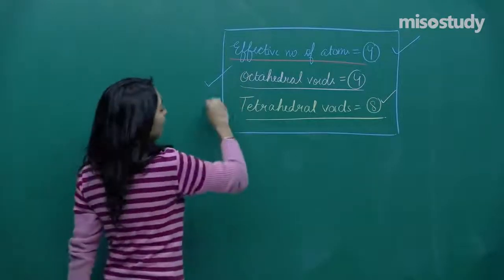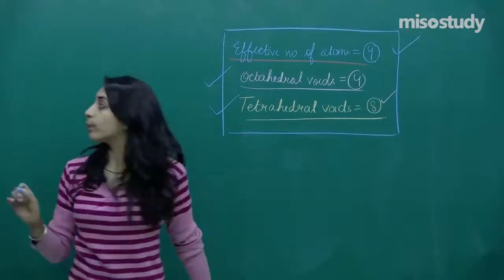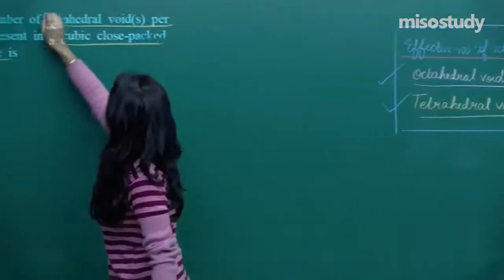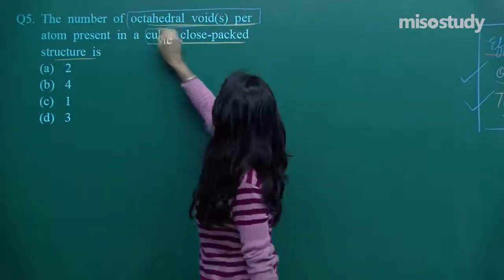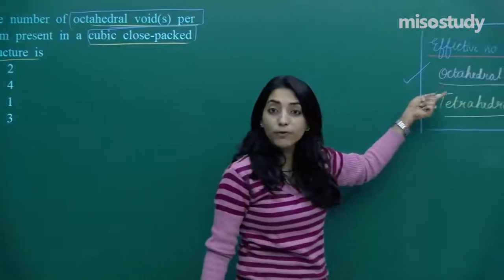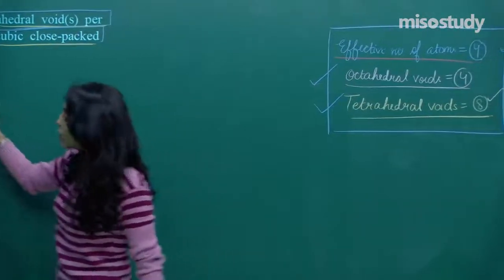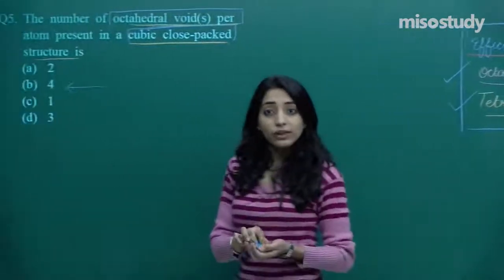Whereas the number of tetrahedral voids are 8. Many students, what they'll do, they'll simply see you need to calculate the number of octahedral voids in CCP unit cell. And you'll be like, ma'am, we have marked it up, answer should be 4, right? And many of you people will go to option number B. But see the question carefully.